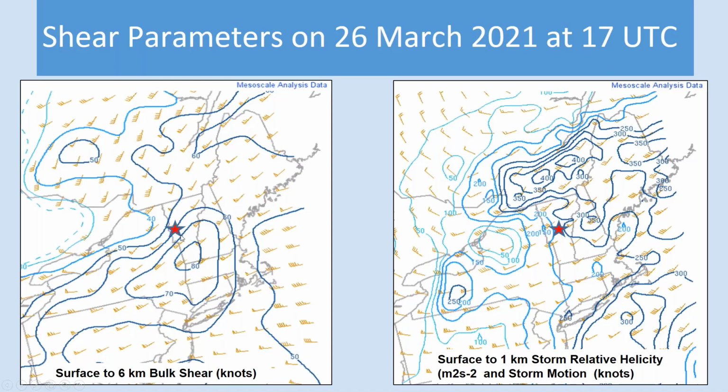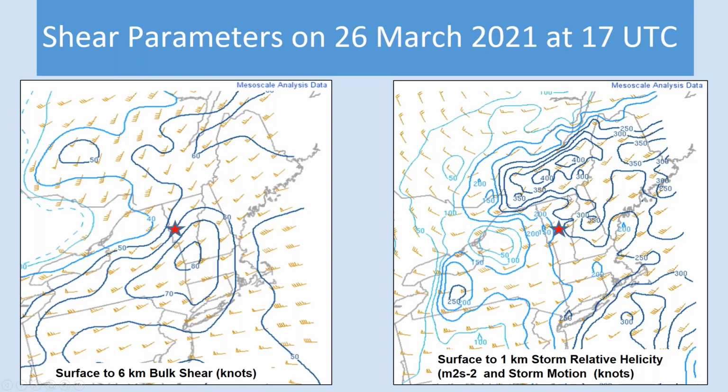The star is the approximate location of Middlebury or the tornado. And then the surface to 1 kilometer storm relative helicity, as research has shown, any values over 100 are favorable for supercells and potential tornadic supercells. And in this case, we had values of around 200 near the Middlebury, Vermont area.